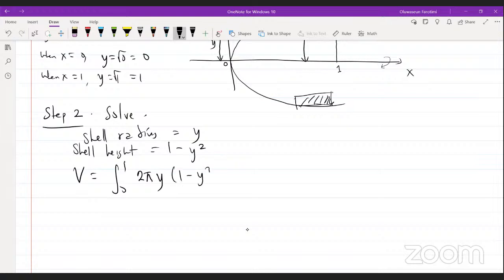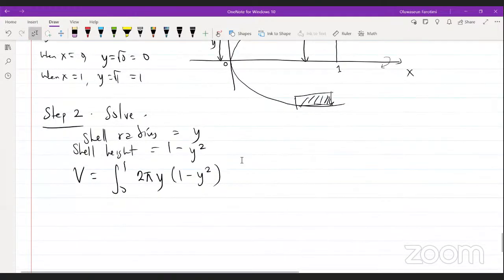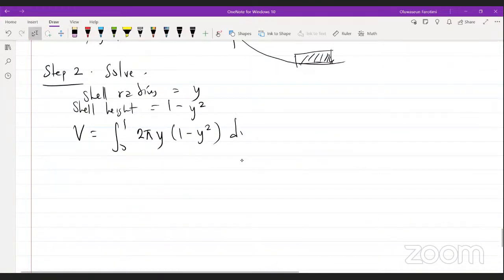You have 1 minus y squared. At the level of the shell height, this is what we're interested in, this portion. That portion is just 1 minus y squared. Of course, dy.